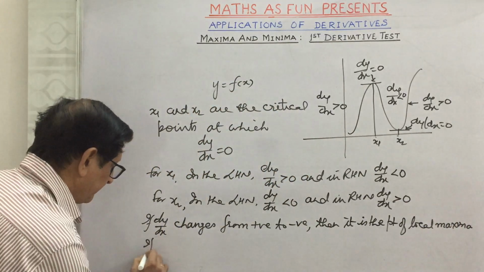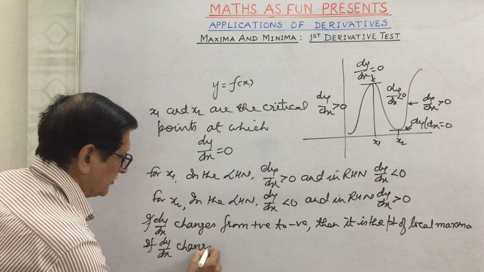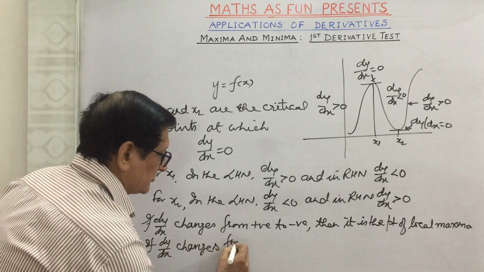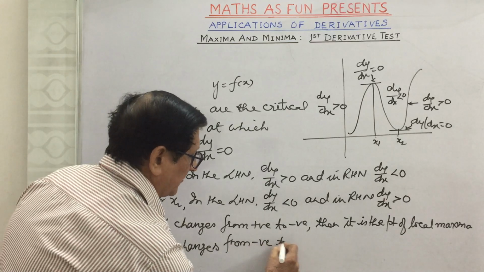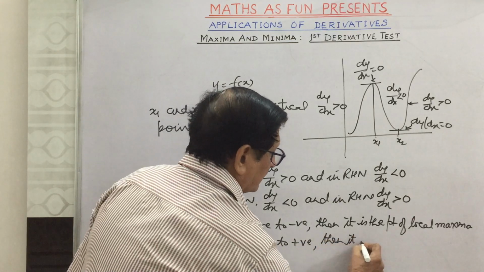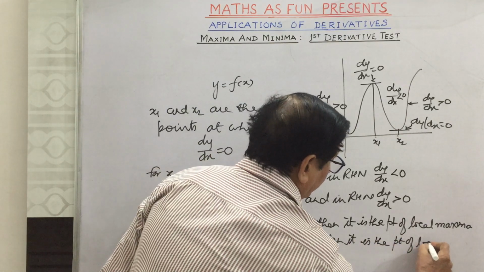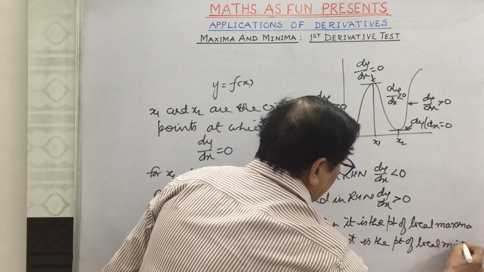And if dy by dx changes from negative to positive, then it is the point of local minima.